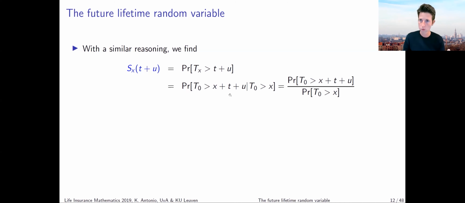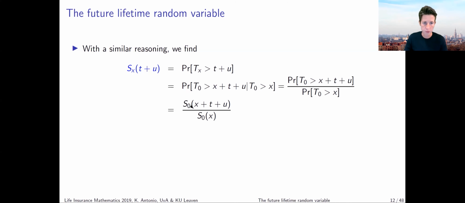So that's the connection between Tx and T0 that we explained earlier on. Using expressions for conditional probabilities, that's the same as what I write over here. So what does that mean? Then I can see this expression as a ratio of two survival functions.